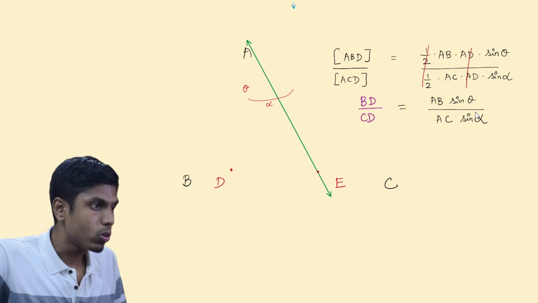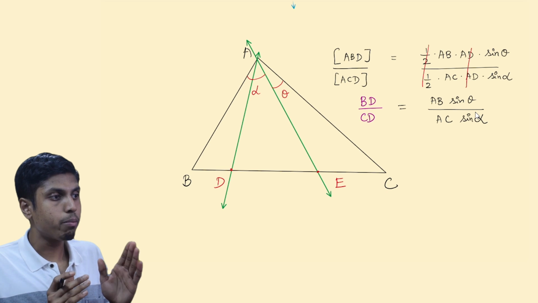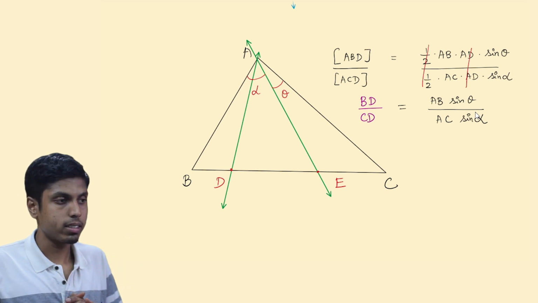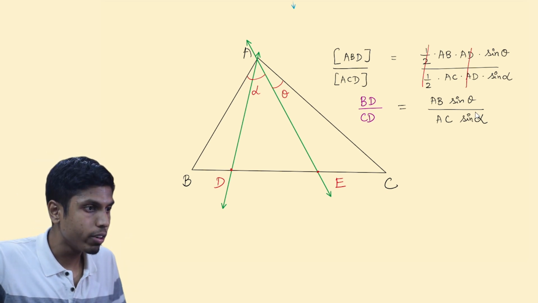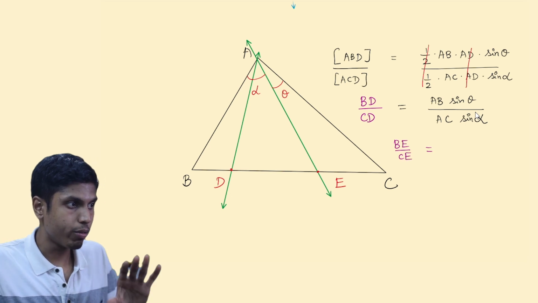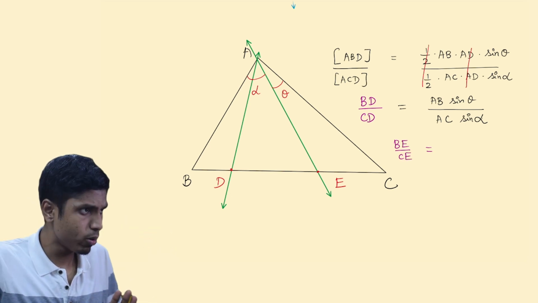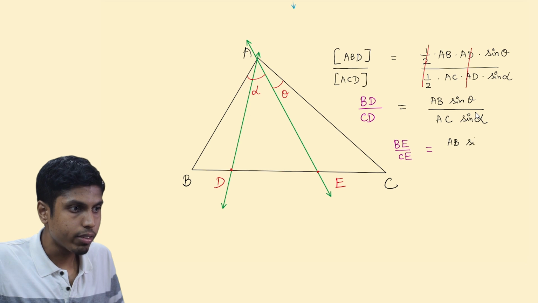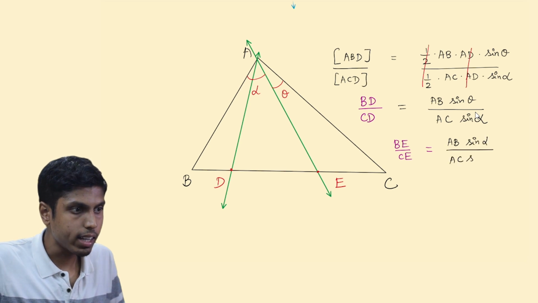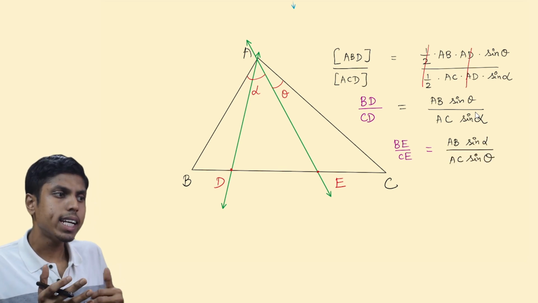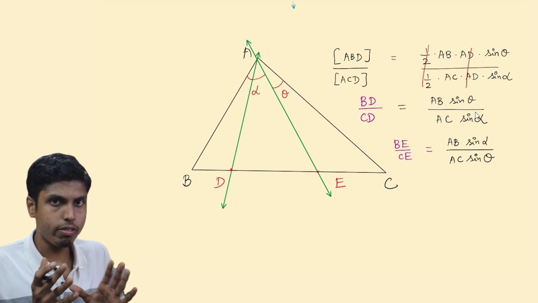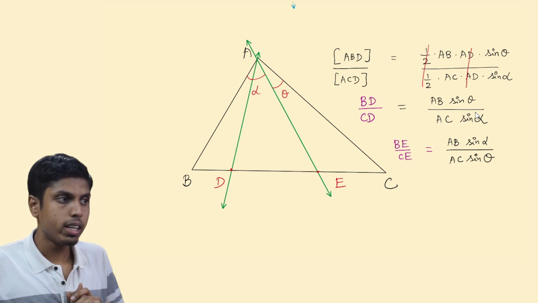And let's go to the angle made by AE with the sides. So, by a similar logic, we would get that BE upon CE, that is, the area ratio of ABE upon ACE, equals AB sine alpha by AC sine theta. Now, alpha and theta are actually some weird variables which depend on the line you choose.